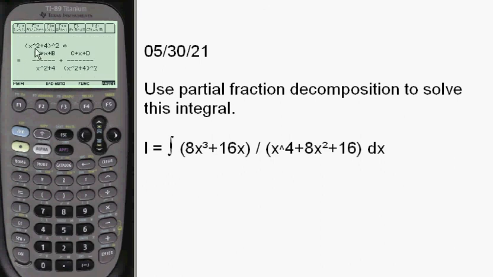So we have x squared plus 4 squared times ax plus b and cx plus d. Anytime there's a square in the denominator, you use a times x or c times x, and then plus b because you have a constant here, and plus d, same thing here.